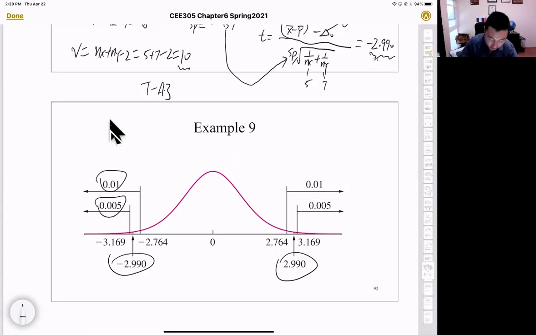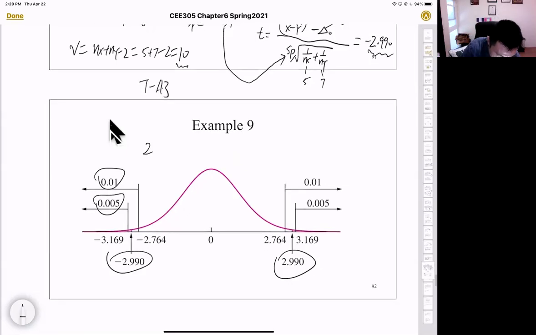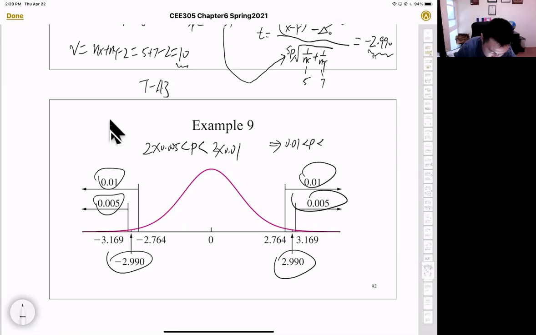But because this is 2 tails added together, the p-value will be between 2 times 0.005 and 2 times 0.01, so that is 0.01 and 0.02. Okay, so 0.02 is still less than alpha, assuming to be 5% if alpha is not told in the question.